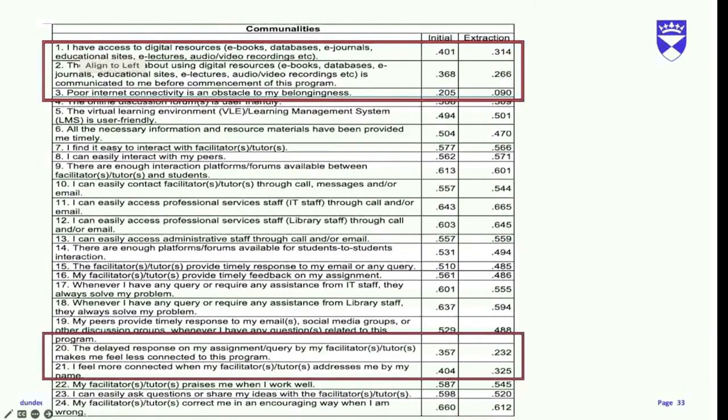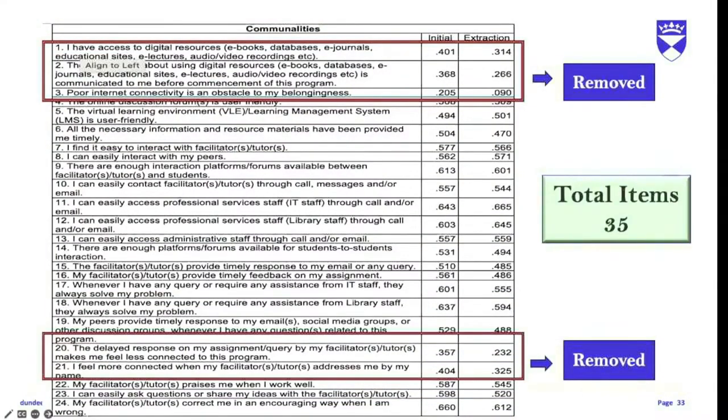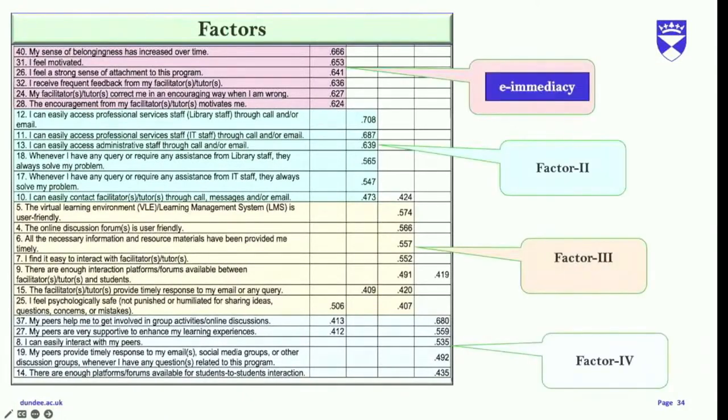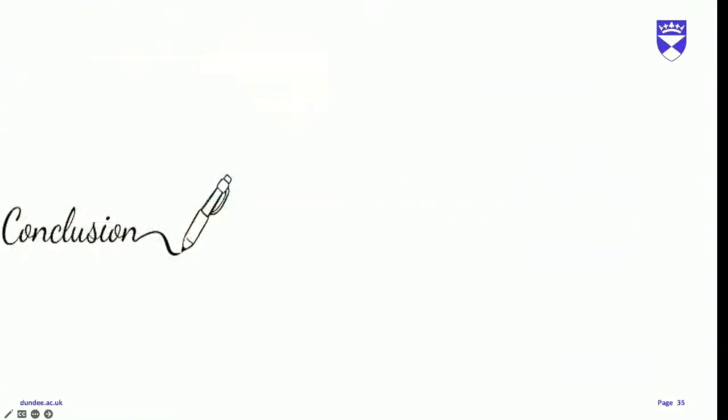Five items were removed at this stage, and the total remaining items were 35. So I started from 69 and ended up with 35 items to measure the sense of belongingness. These are the 4 factors that developed at this stage. Factor 1 is immediacy, then communication, usability, and support. So these are the 4 factors given under the exploratory factor analysis.